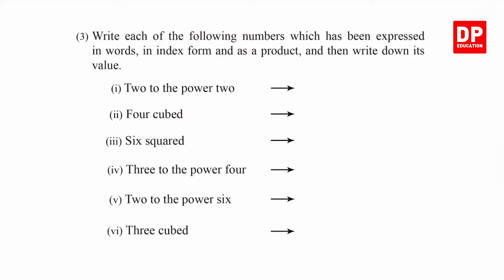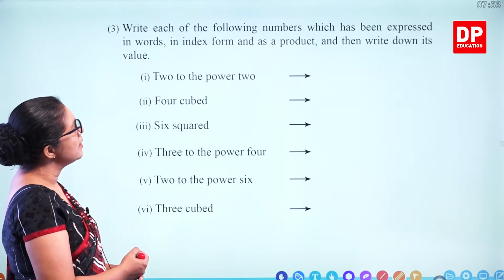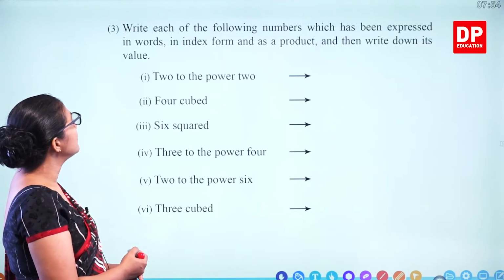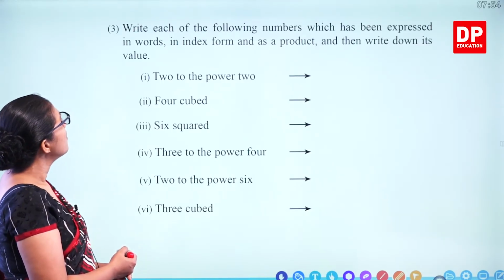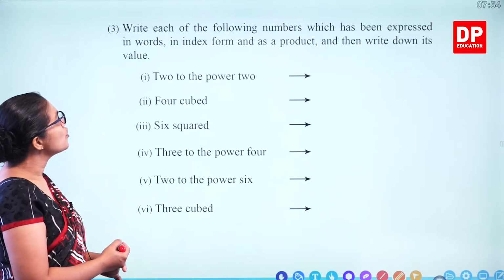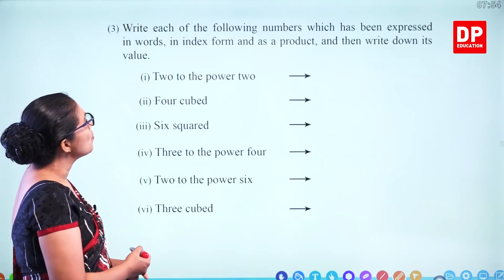Write each of the following numbers which has been expressed in words in index form and as a product, and then write down its value. So what's the first one? 2 to the power 2.